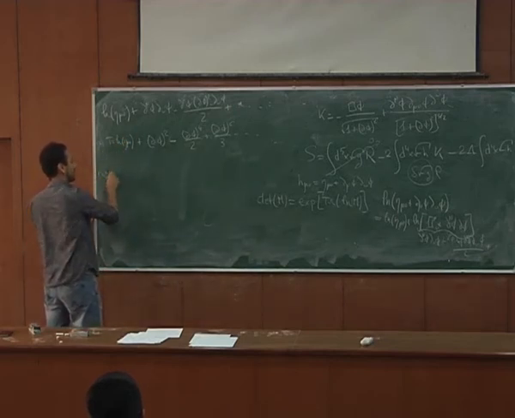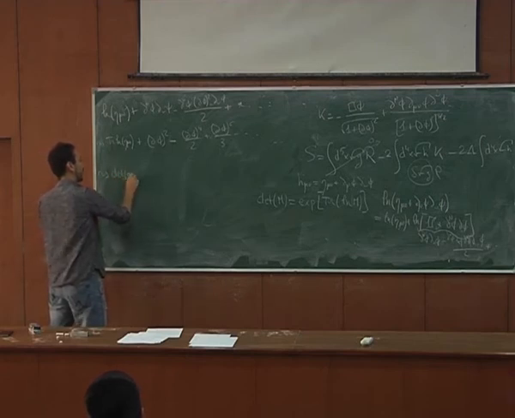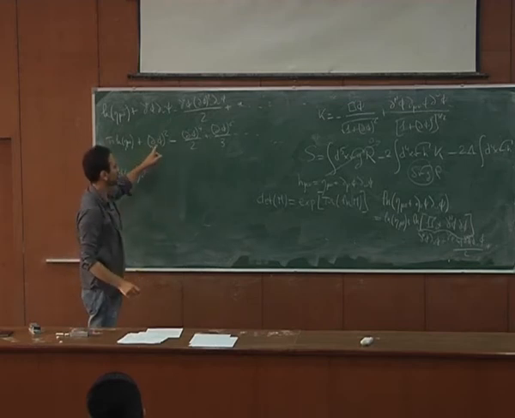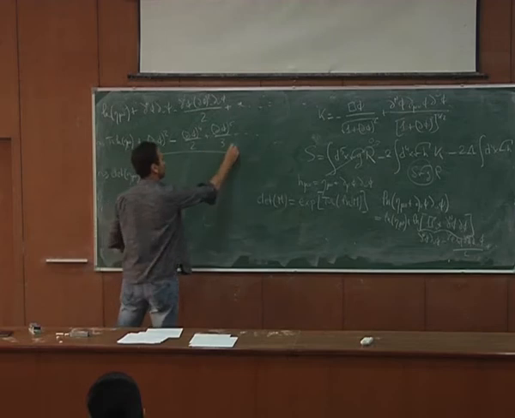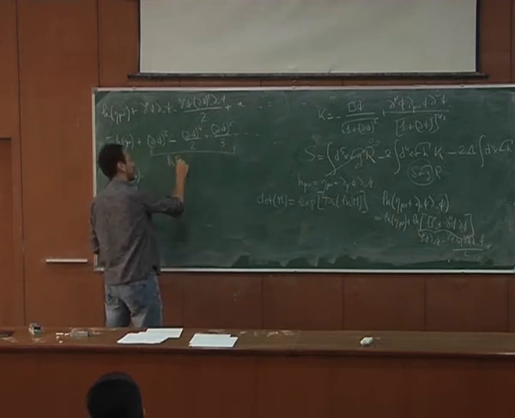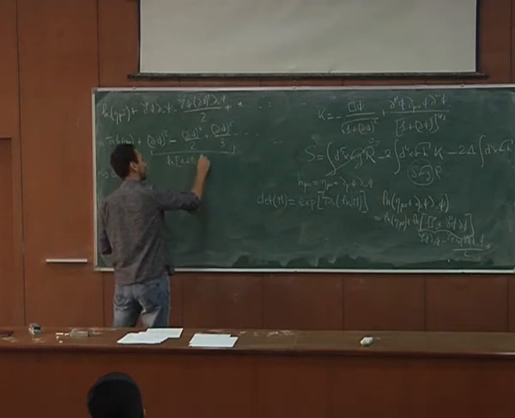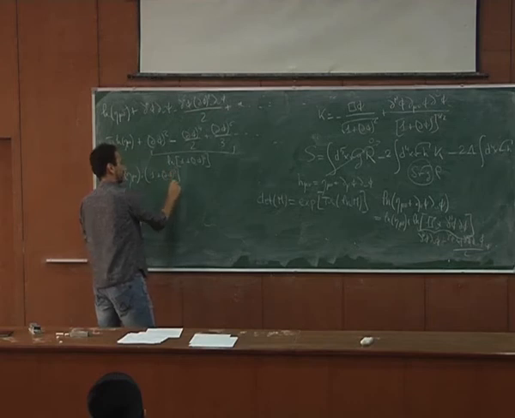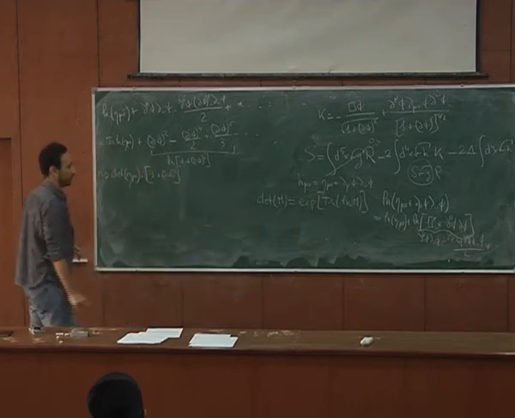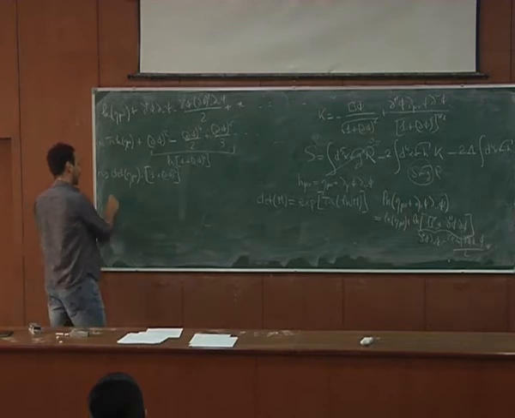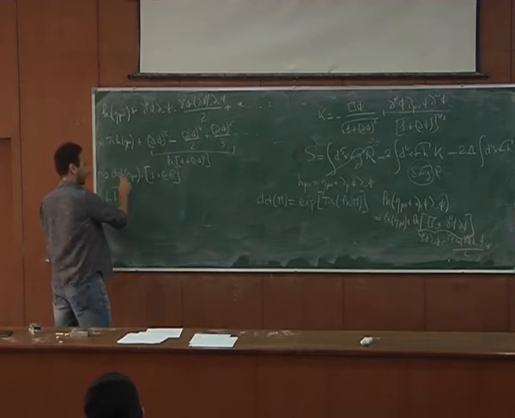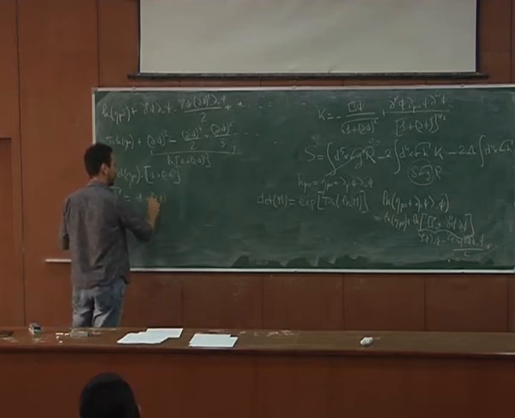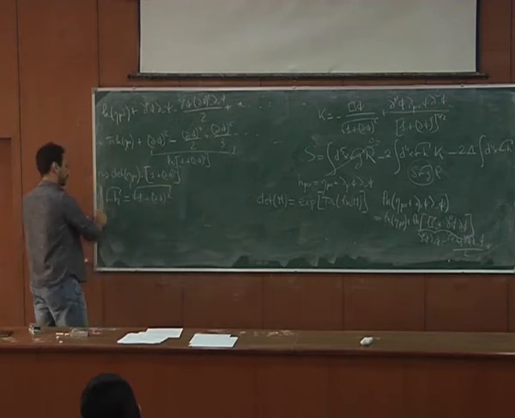So this will just give me the determinant of η_{μν}, and the exponential of this is the log of 1 plus (∂φ)². So we killed completely the indices. And for that, we have now that minus square root of h is just the square root of minus 1 plus (∂φ)².